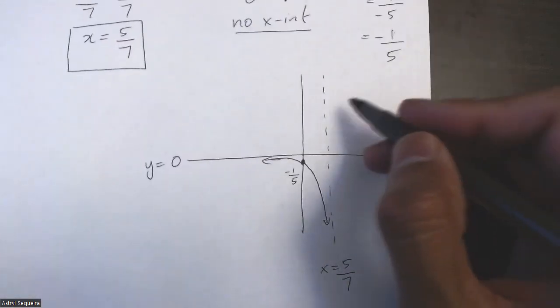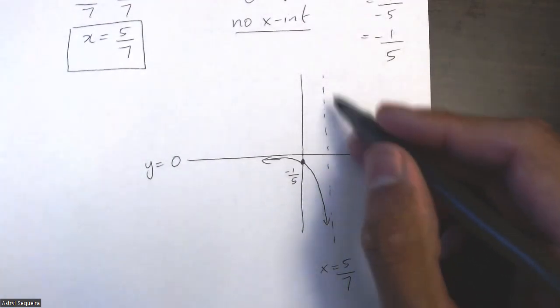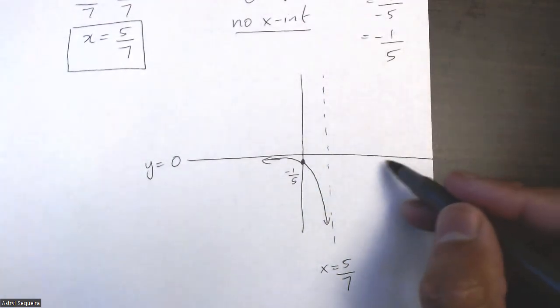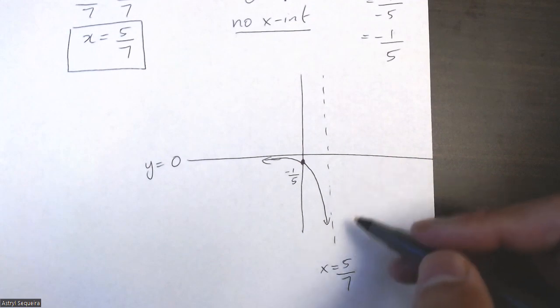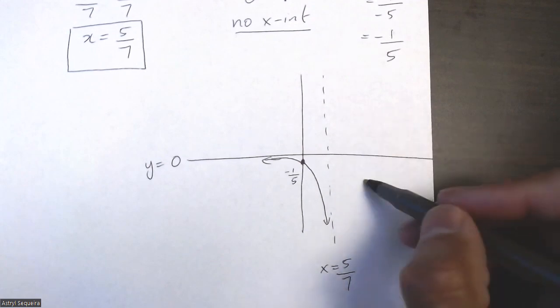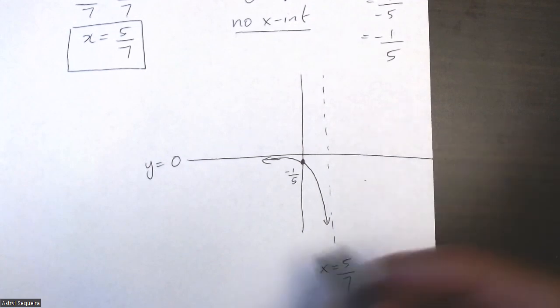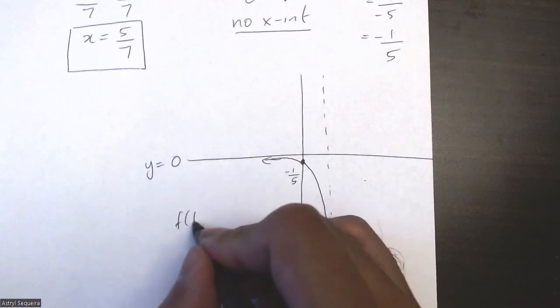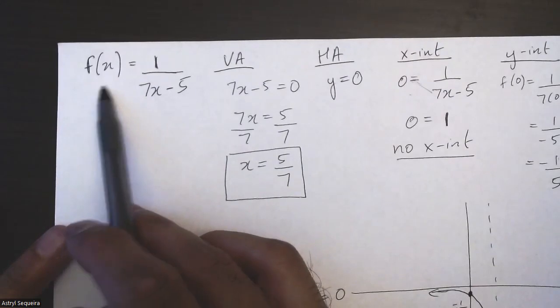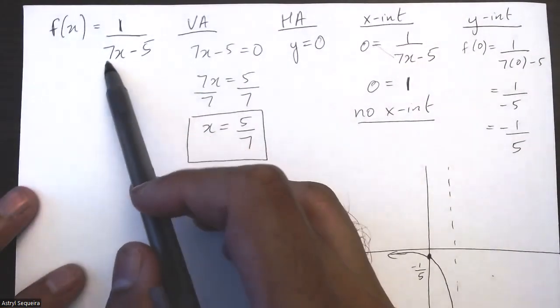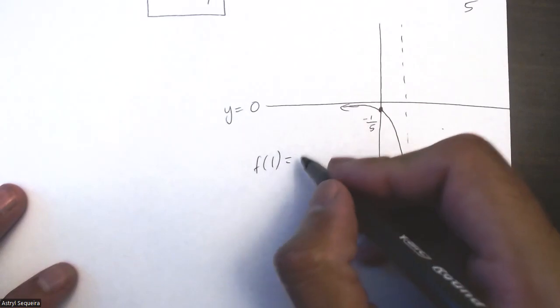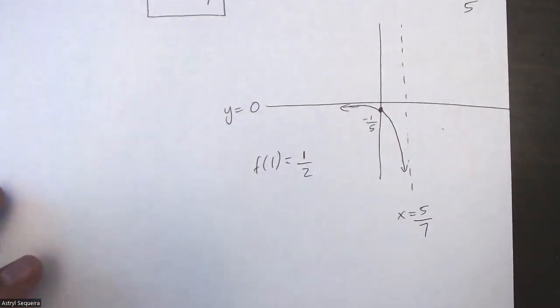And on the right side here, the function can be on the top like this, or it can be on the bottom like this. Now, we don't have a point on this side, so I'm just going to calculate a point really quick. I'm just going to find f of 1, and I'll sub this into the original function. So 1 over 7 minus 5 is just 1 over 2.